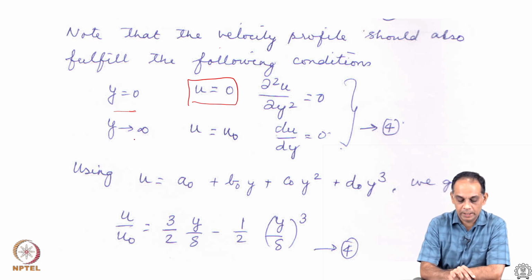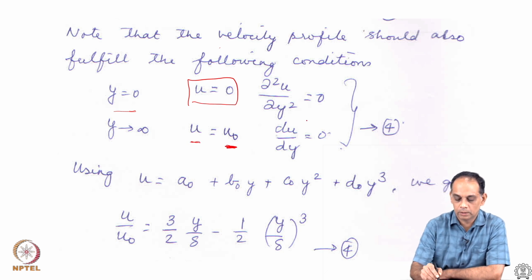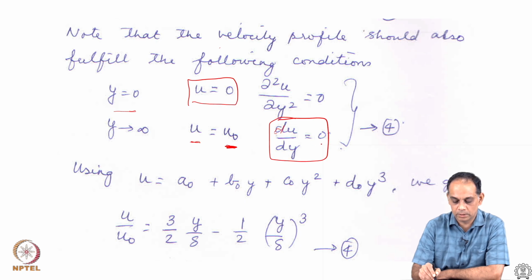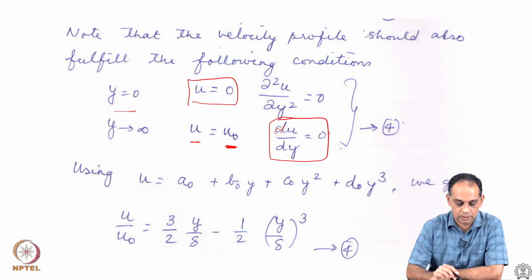Now, at y tending to infinity, the free stream velocity is encountered. U is the same as free stream velocity far away from the boundary layer, and the du by dy, this is not partial, this is ordinary differential, or just the differential of u with respect to y, at that is 0, because the velocity is constant there.